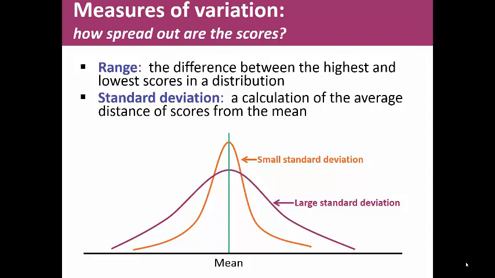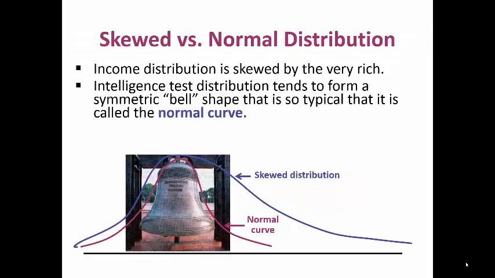So you can see the purple line here is a large standard deviation, and the orange line is a small standard deviation because the results are grouped very closely around the mean. So when we look at distributions, we want to make sure that our statistics are generally based on normal distributions, which means that the majority of the scores are centered around the mean. And that's called the bell-shaped or normal curve.